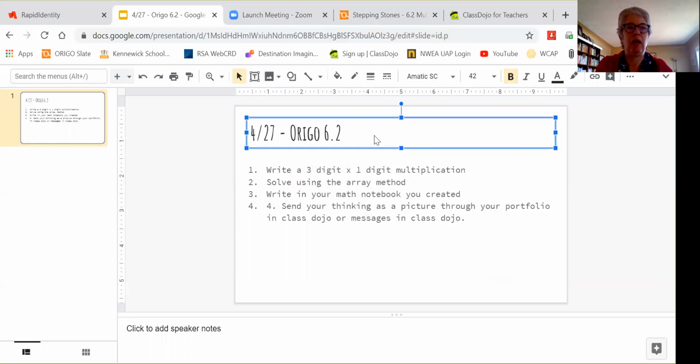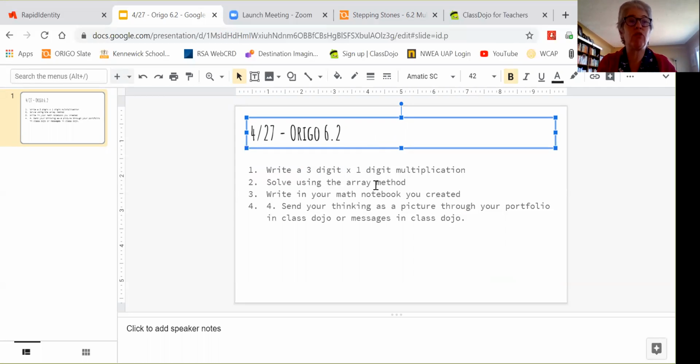Any 3-digit times a 1-digit, I'll make it a little bit simpler. Just don't go 2 times 200. Okay, that's too simple. So maybe 4 times 722, or 3 times 627, something like that.